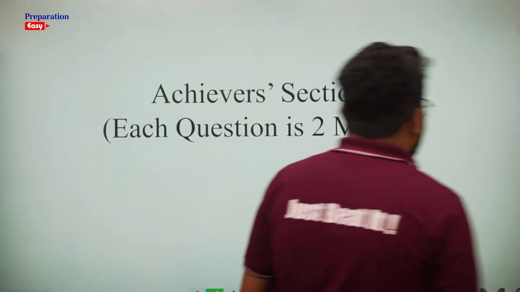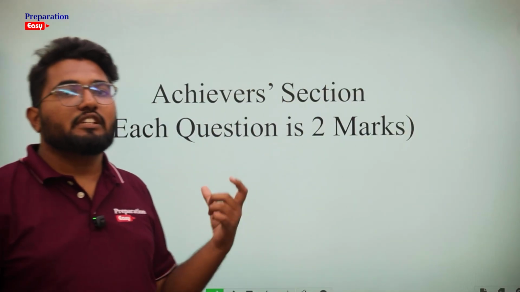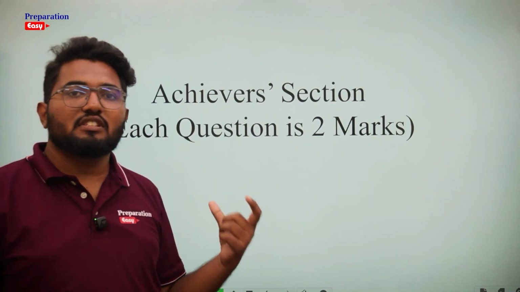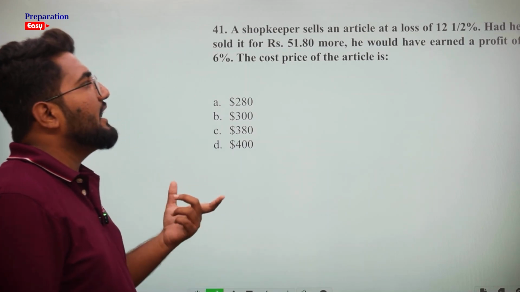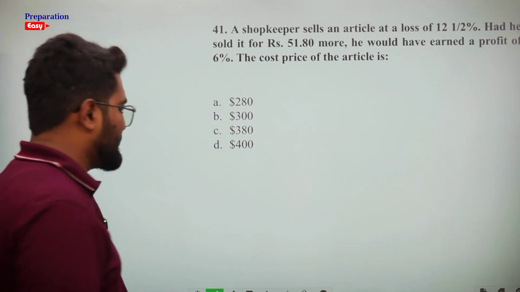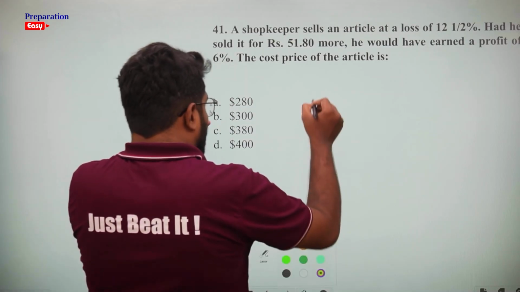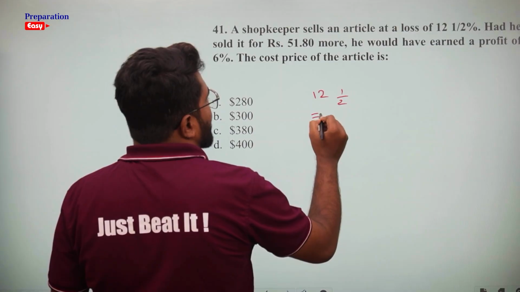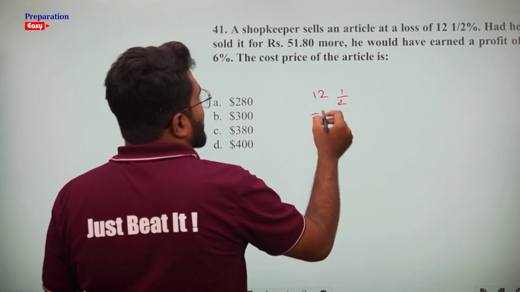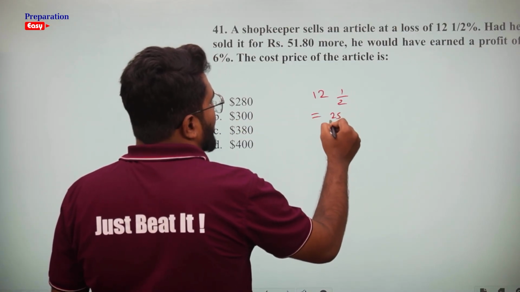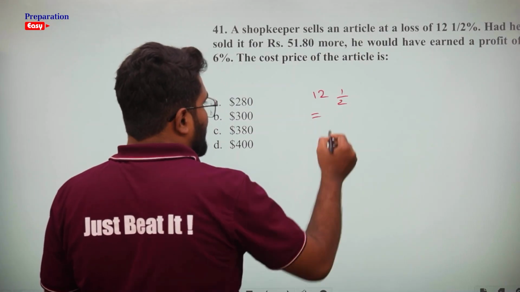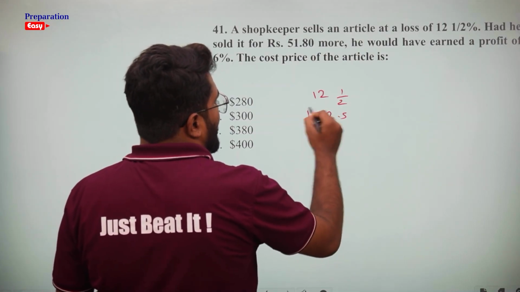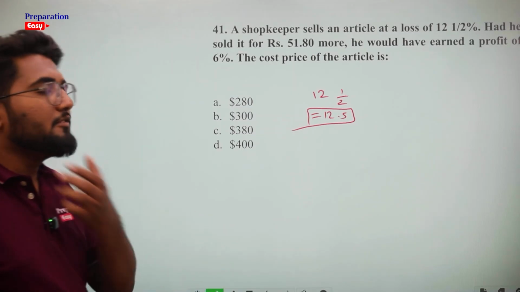Okay. Now here will be our achievers section. The achievers section will consist of 10 questions and 2 marks for each question. Okay, so let's solve it. A shopkeeper sells an article at a loss of 12 1 by 2 percent. At what price he sold? 12 1 by 2 is equal to 12.5.